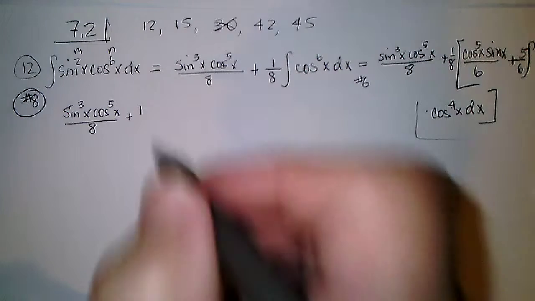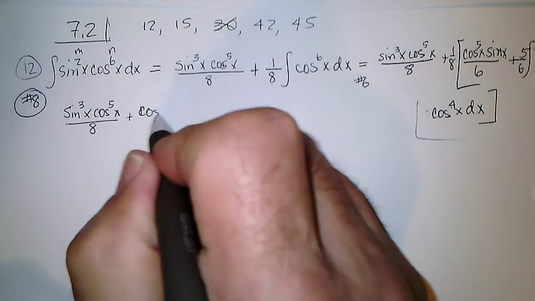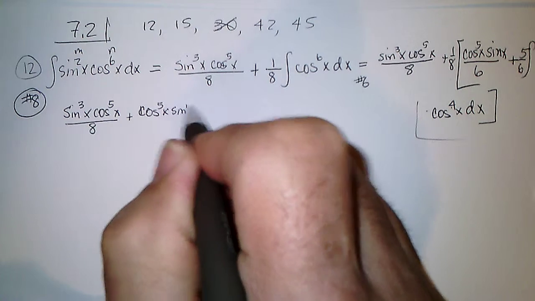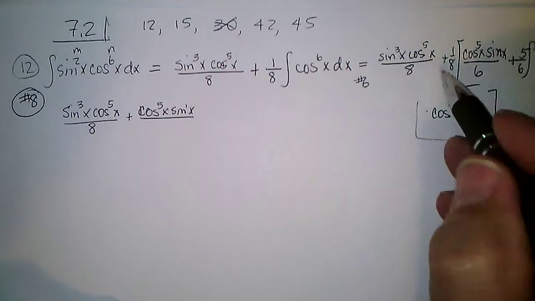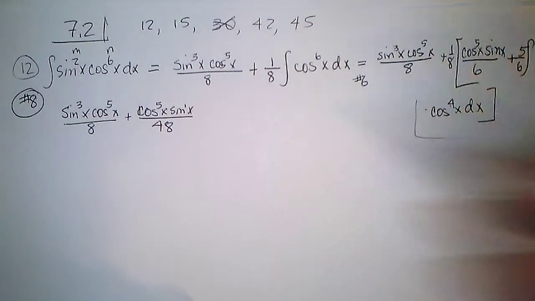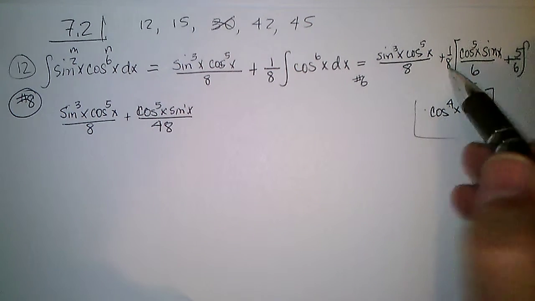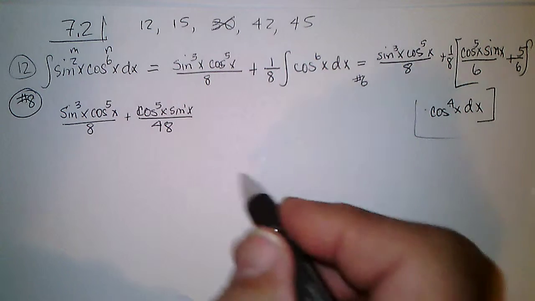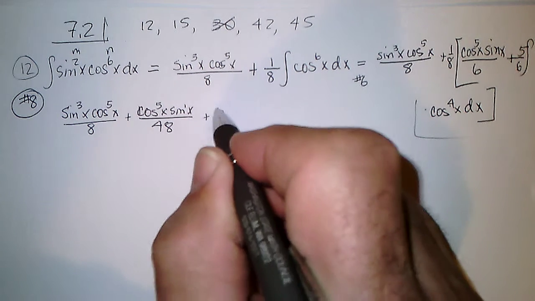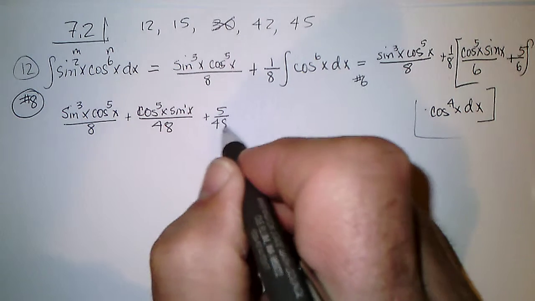times this. So that's going to be cosine to the 5th x sine x over 8 times 6 is 48. I'm also going to have 1/8 times this. That's 5/48 plus 5/48.